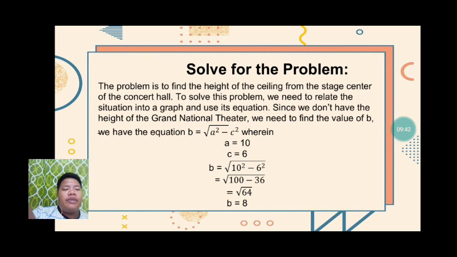It will become b is equal to the square root of 10 squared minus 6 squared, which is 100 minus 36, is equal to the square root of 64. Therefore, our b here is 8 because the square root of 64 is 8.